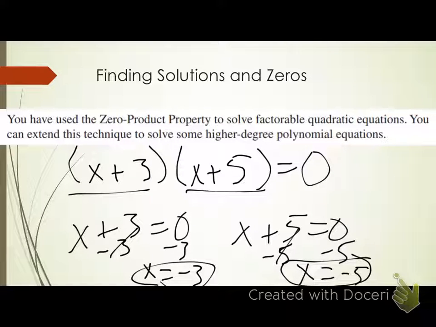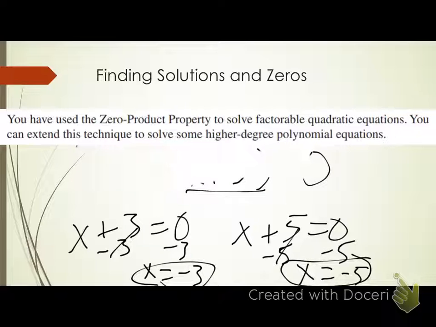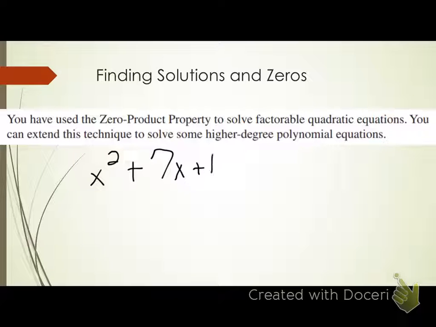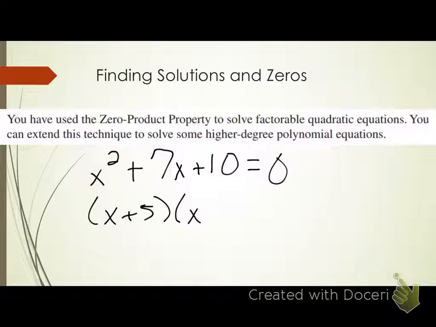Now, they weren't always in factored form for us. Sometimes we were just given a polynomial like this, and we'd have to factor it and then use our zero product property, correct? So I'd have to factor it and get x plus 5 times x plus 2 equals 0, and then go ahead and use that zero product property.